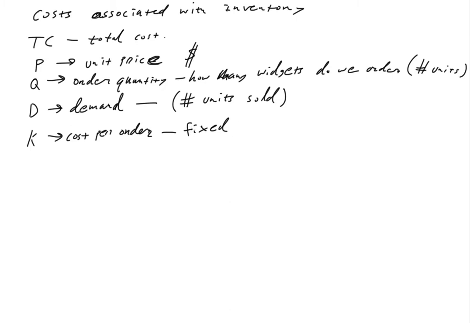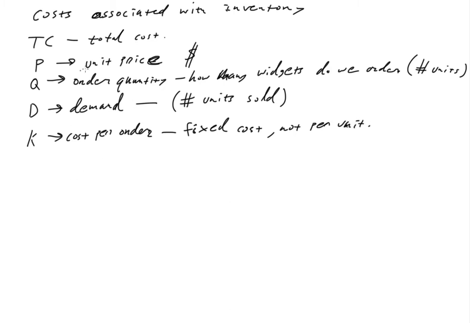For instance, to call up the factory to even create an order sheet, maybe to hire a truck to transport the stuff from the factory to the warehouse, those are all fixed things that don't necessarily depend on the number of units. It's a fixed cost, not per unit.